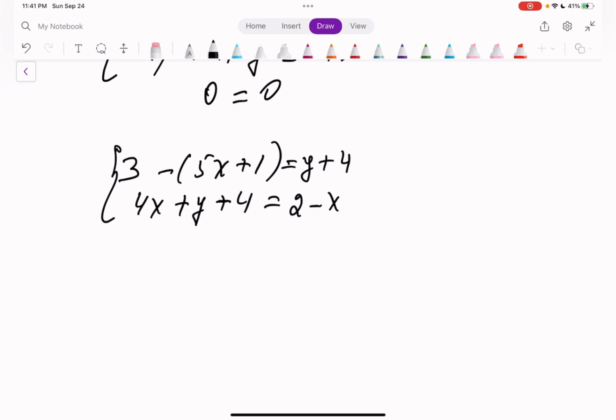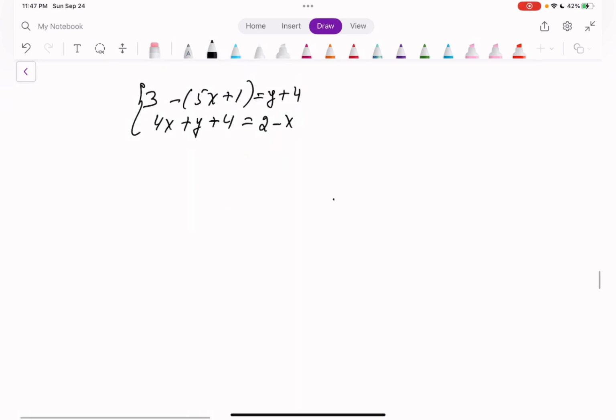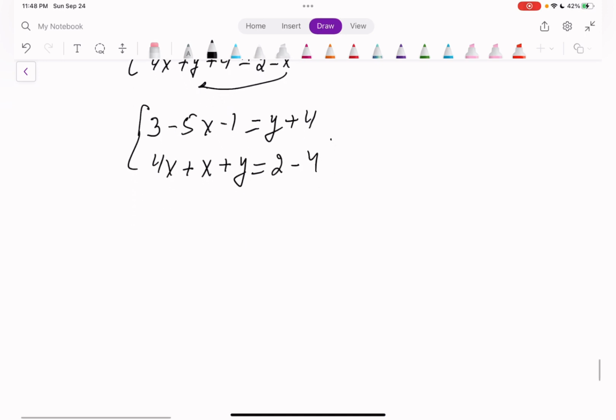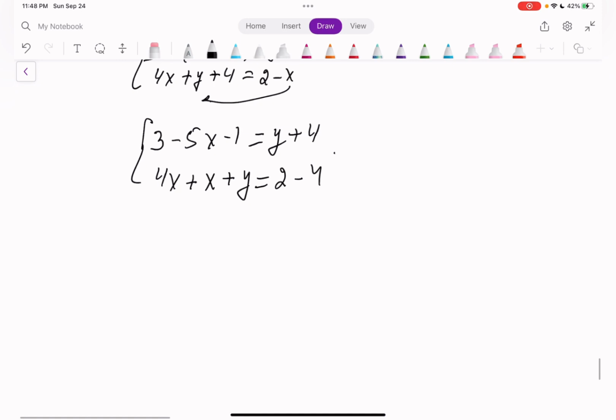So first I need to open parentheses. So it's going to be 3 minus 5x minus 1 is equal to y plus 4. 4x, and let me move this negative x here. It's going to be plus x plus y is equal to minus 4. Okay, next, negative 5x minus y equals 4. I'm moving this 3 and negative 1 here.